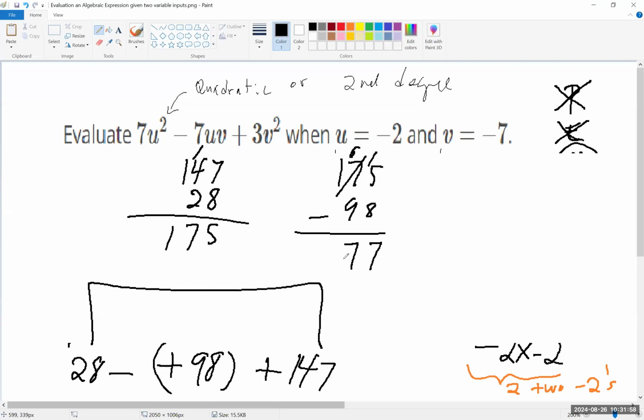So I'm getting 77. And that is the answer. If you have like a TI calculator, you can plug this in directly and see if it matches your work. But that's how you complete this problem.